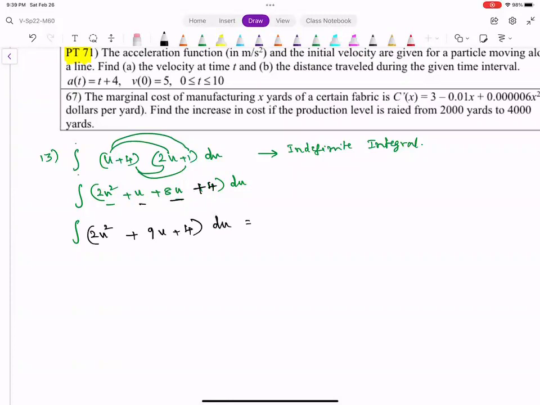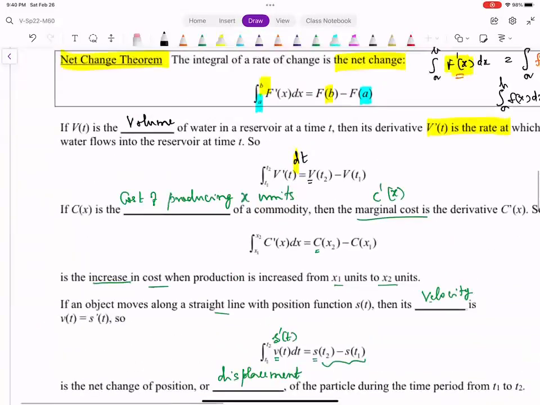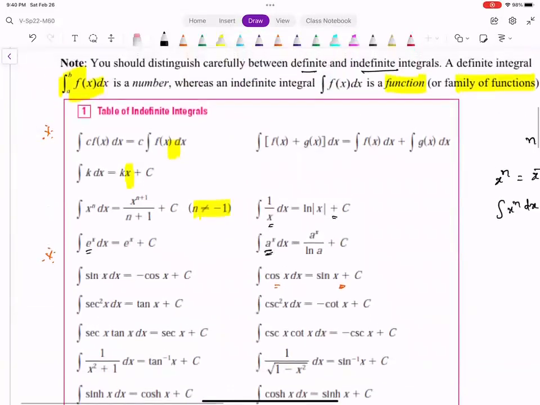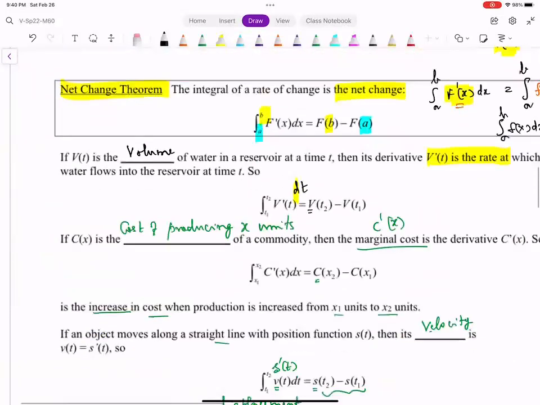Now you have to integrate term-wise, integral 2u square du plus integral 9u du plus integral 4 du. So it is 2u cube over 3. 2 can be taken out. Integral of u square is u cube over 3. By what rule? By the power rule that we just stated. Integral of x to the n is x to the n plus 1 over n plus 1.